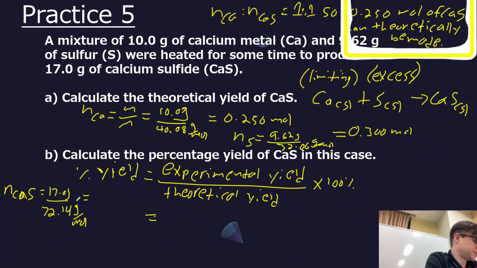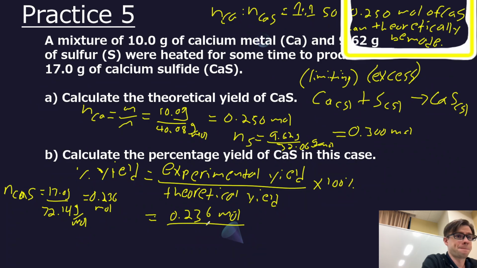So this comes out to 0.236 moles. So I'll put that in for my experimental yield in terms of moles. And then theoretical yield should have been 0.25 on the top there.